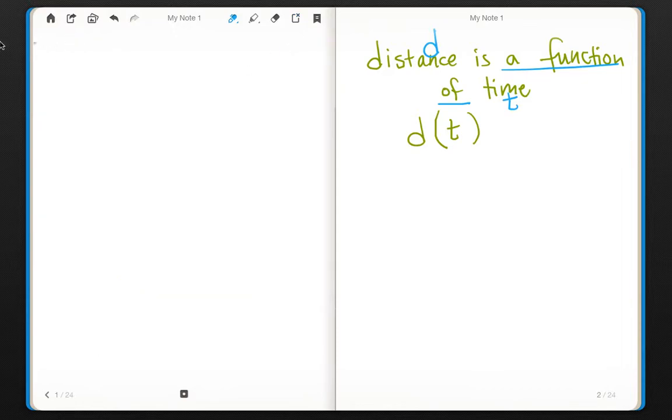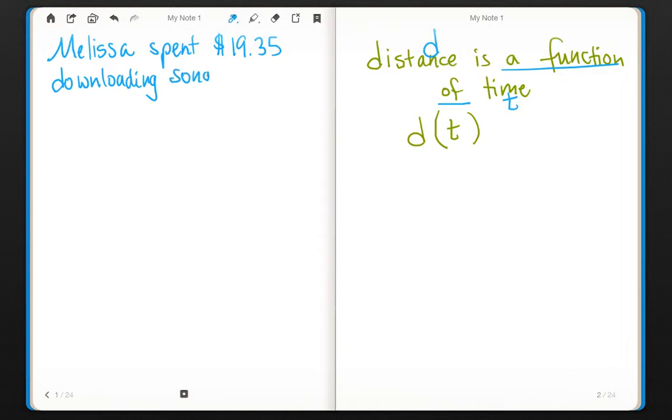I want you to write down the situation. So we've got a girl named Melissa, and she spent $19.35 downloading songs to her iPod from iTunes.